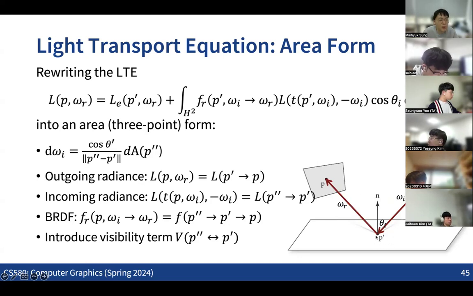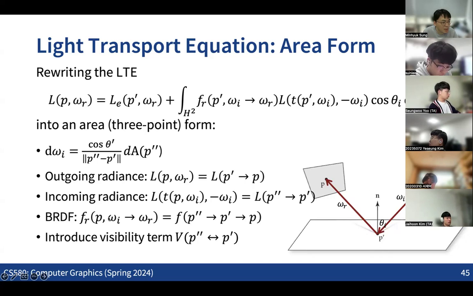At this point, we calculate the reflection at P prime, which is on another surface, right? So we go in this reverse way to trace the light trajectory, while the light is actually coming from P double prime to P prime to P. So the outgoing radiance becomes the radiance from P prime to P, and the incoming radiance becomes the radiance from P double prime to P prime, right?